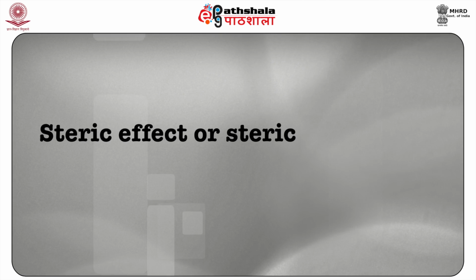Steric effect or steric hindrance. If a bulky group is either attached to a donor atom or to the atom adjacent to the donor atom, the metal-ligand bond becomes weak and the stability of the complex decreases. This effect is called steric effect.